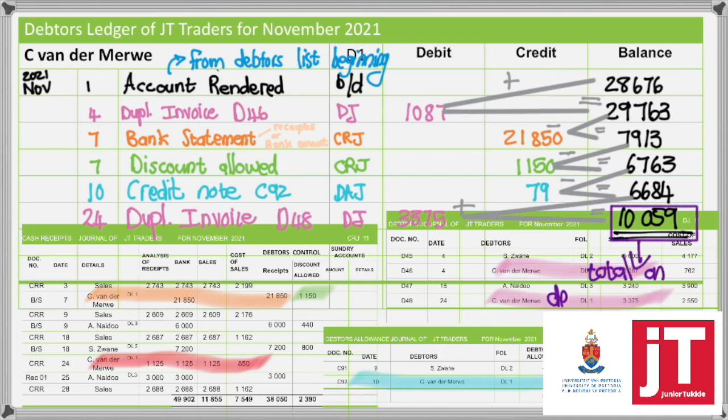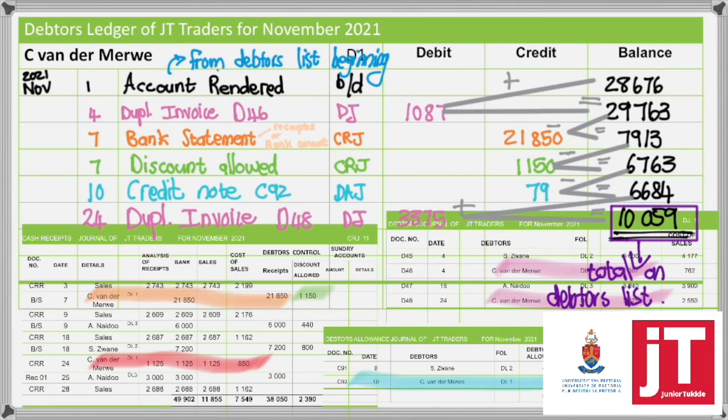And that 10,059 will be the total on the debtors list. You will do exactly the same for the rest of the debtors, Naidu and Zwane as well. You will highlight their names in the journal and then post to their ledger account, and it works the same as Van der Merwe's account.